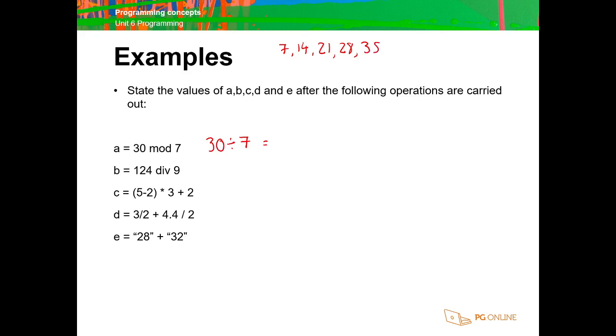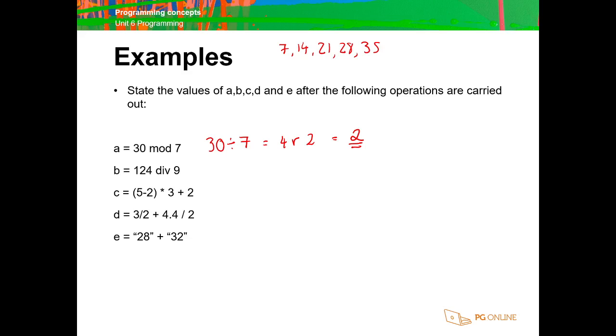The nearest one without going over 30 is 4. So 30 divided by 7 is 4 with a remainder of 2, because 4 7s are 28, and 30 take away 28 is 2. So the answer is 2, because it's the remainder.